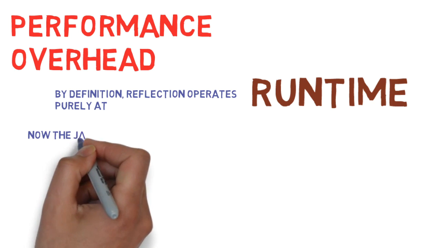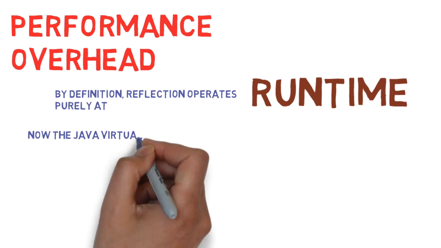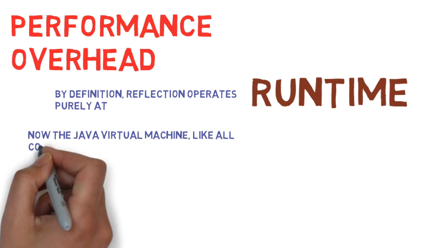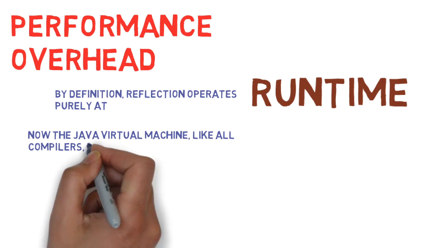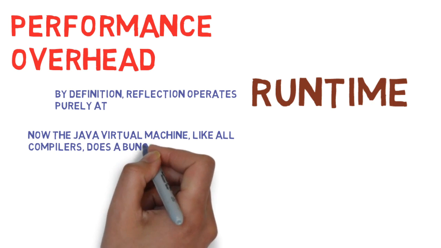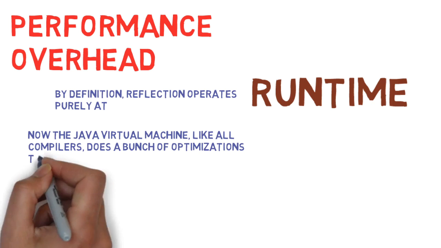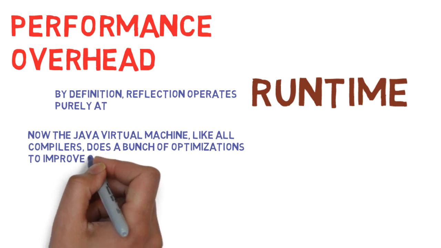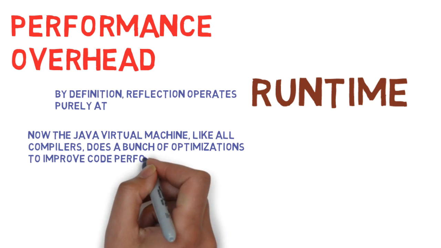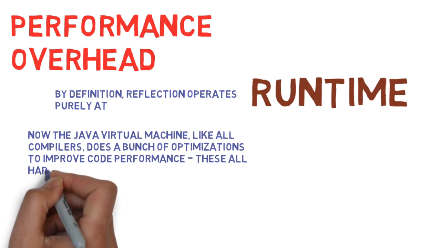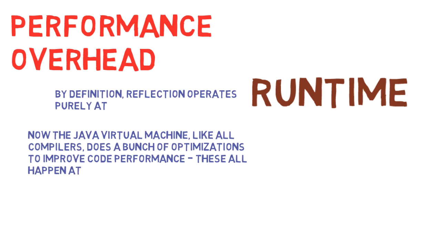Now, the Java virtual machine, like all compilers, does a whole bunch of optimizations to improve code performance. It checks whether methods can be inlined, whether unnecessary lines can be removed away. All of these optimizations are by definition at compile time.